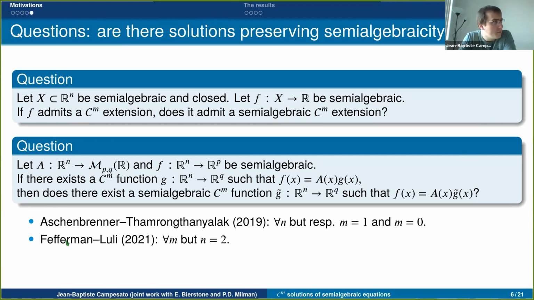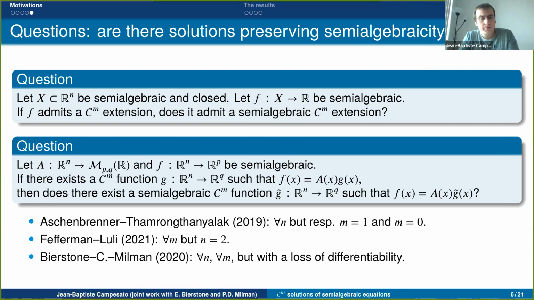And the proof is related to the notion of Glaeser bundle, but I won't talk about that because I won't use this notion today. And the results that I'm going to talk about in a few minutes answer these two questions in any variable and in any regularity, so for any n and for any m, but they will imply a loss of differentiability.